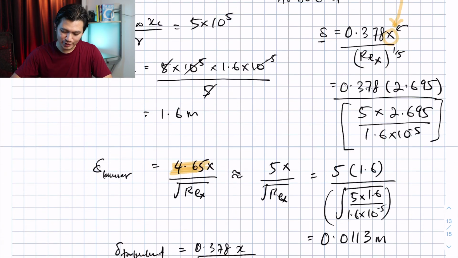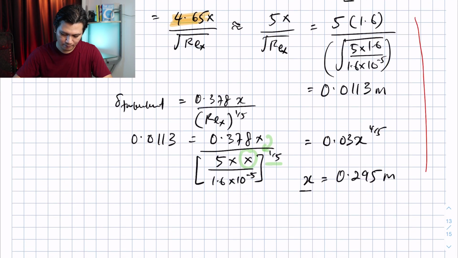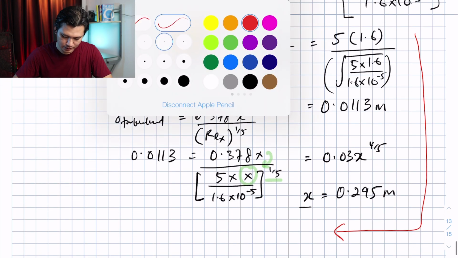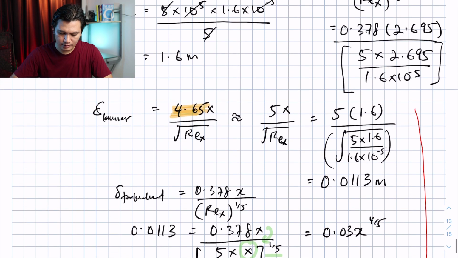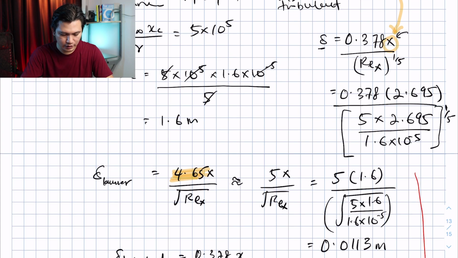I may run out of space here, so let's write everything here. So del is this times, but this is to the power of 1 over 5. Let's do the calculation: 5 times 2.695 divided by 1.6 times 10 to the power of minus 5, everything to the power of 1 over 5.